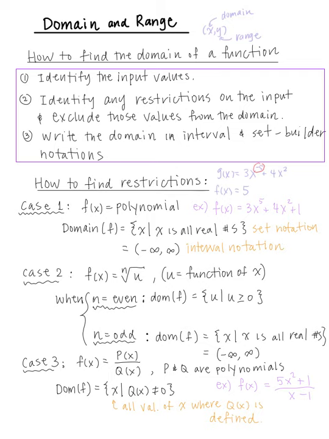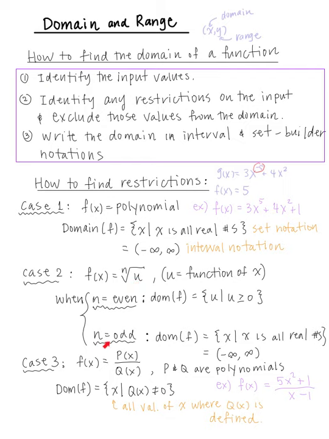Let's recall that if you're given a square root, whatever you put inside has to be 0 or greater. Meaning the square root of a negative number gives us an imaginary answer, so we don't want to go there. So for that reason, if n is even, then whatever sits inside of the root has to be greater than or equal to 0.